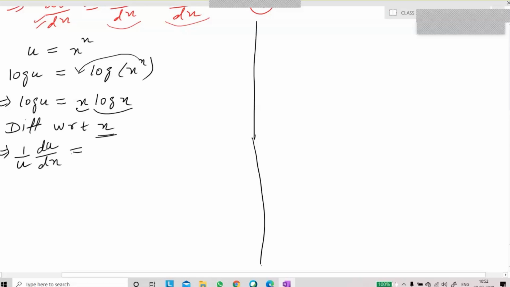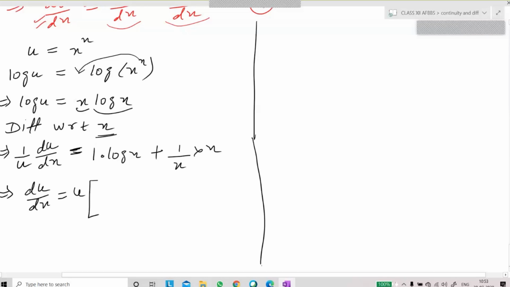Now on the right hand side, since only x is there, no problem. Product rule: derivative of x is 1 into log x plus derivative of log x is 1 by x into x. So we will have 1 by u du by dx equal to log x plus x cancelled, so this is 1 plus log x.